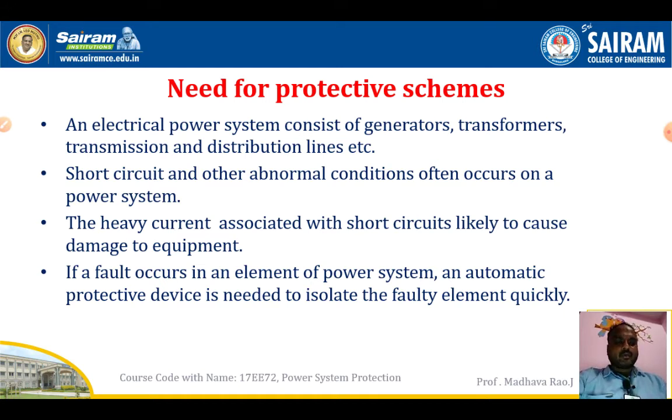Next, whenever a fault occurs in an element of the power system, suppose a short circuit fault or overcurrent fault occurs, we cannot go and remove, fuse or isolate the fault every time. So in place of fuses and isolators, we are using automatic protective devices. Why are we using them?